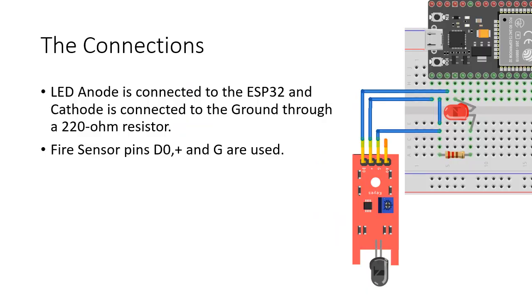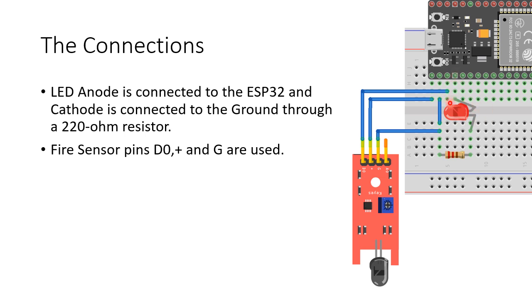These are the connections. This is the 3.3 volt, which is connected to the plus via VCC. This is the ground, which is connected to the ground through here, and this is the GPIO 15 pin, which goes like this to the digital 0 pin, and here is the GPIO 2, which is connected to the anode of the LED.